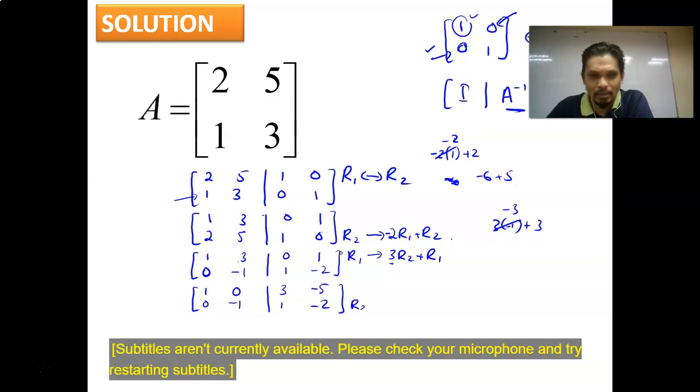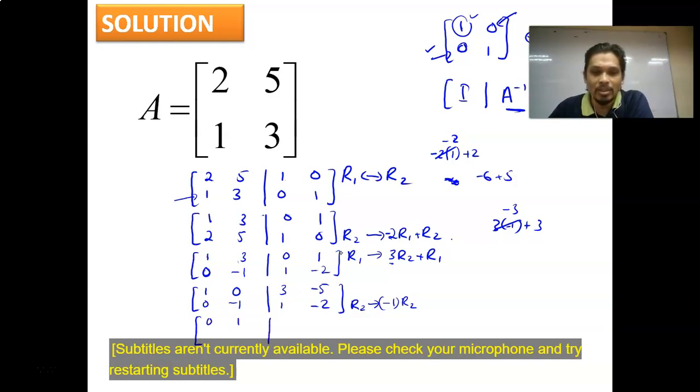So the new R2 equals negative 1 multiplied by R2. Negative 1 multiplied by negative 1 equals 1.